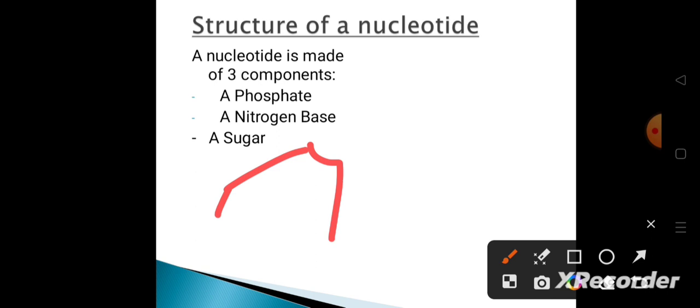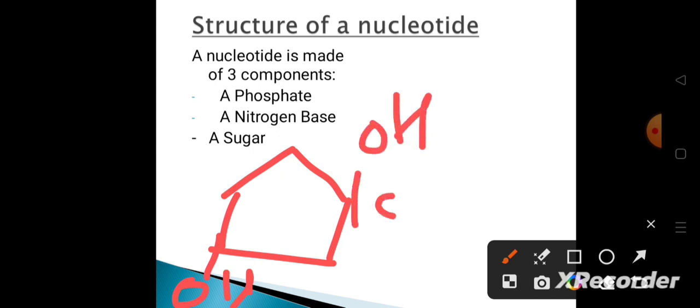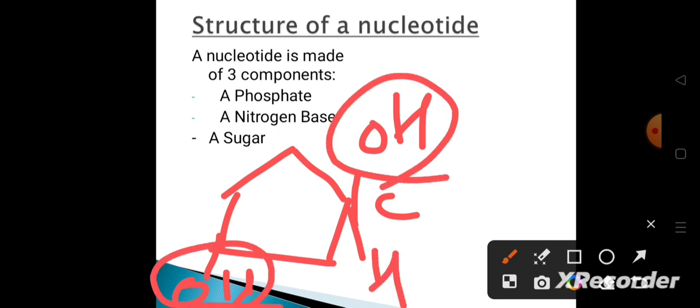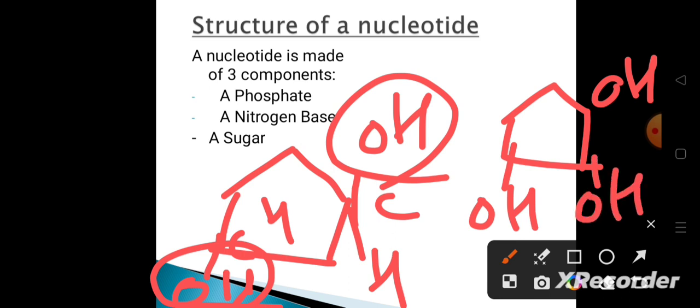If it is a nucleotide for DNA, an OH group will be present here and an OH group here, along with C and H. Two OH groups are present in DNA. But in RNA, one OH group is already present here, and an additional OH group will be here at the 2 prime.